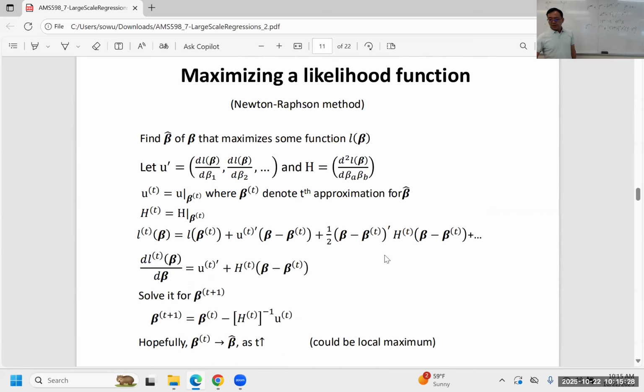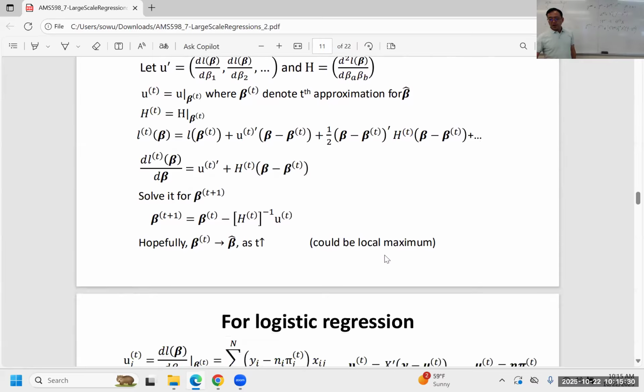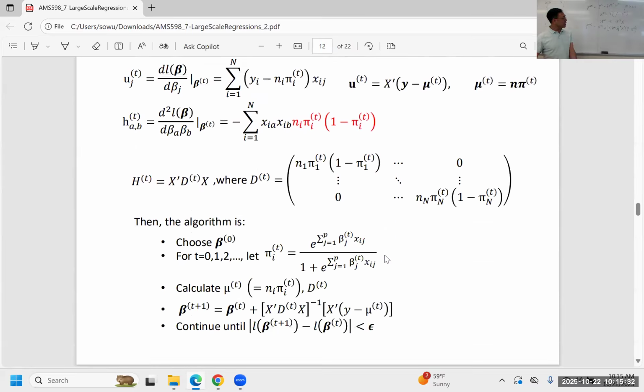Therefore the minus becomes a plus. So beta_{t+1} will be equal to beta_t plus the inverse of the negative Hessian matrix, multiplied by X transpose (y minus mu_t).